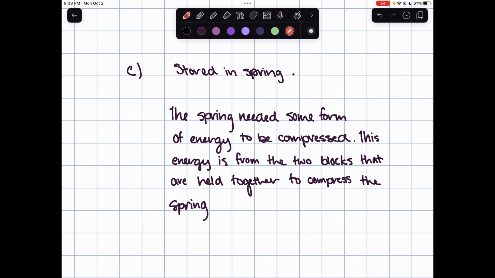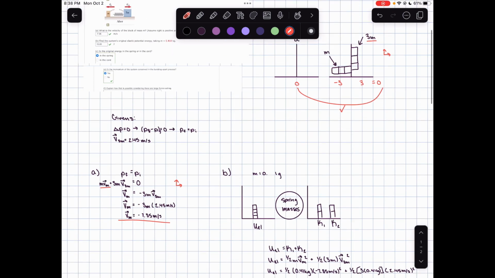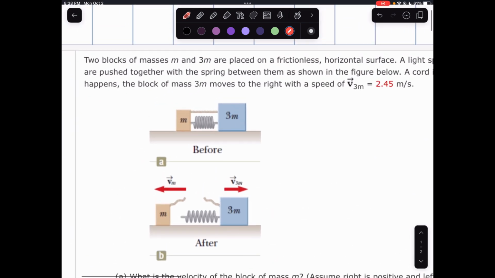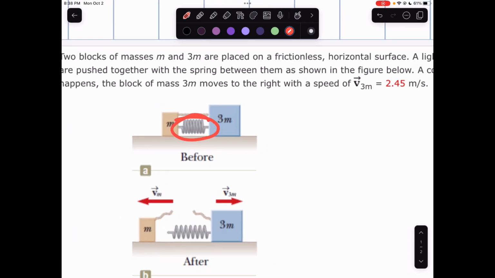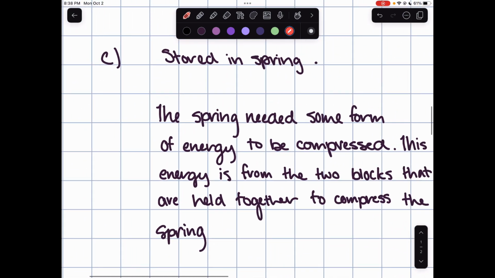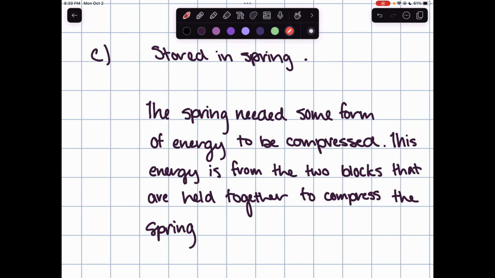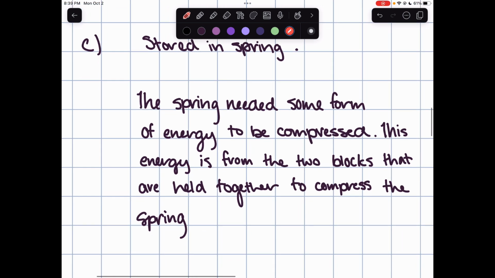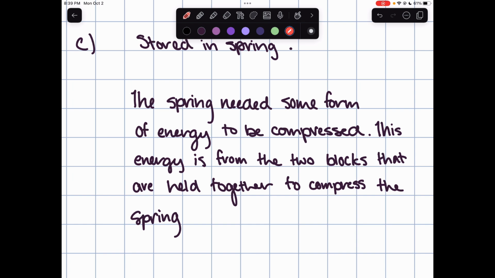Just like part A, before we start mathematically, let's take a look at the conceptual side. So, at part A, when the masses are still connected by the cord and the spring is compressed, how is the energy stored? Well, we know the energy is stored in the spring and not the rope. But how do we know that? Well, we know for the spring to be compressed, it has to have some energy. And this energy is from the 2 blocks that are holding it together.